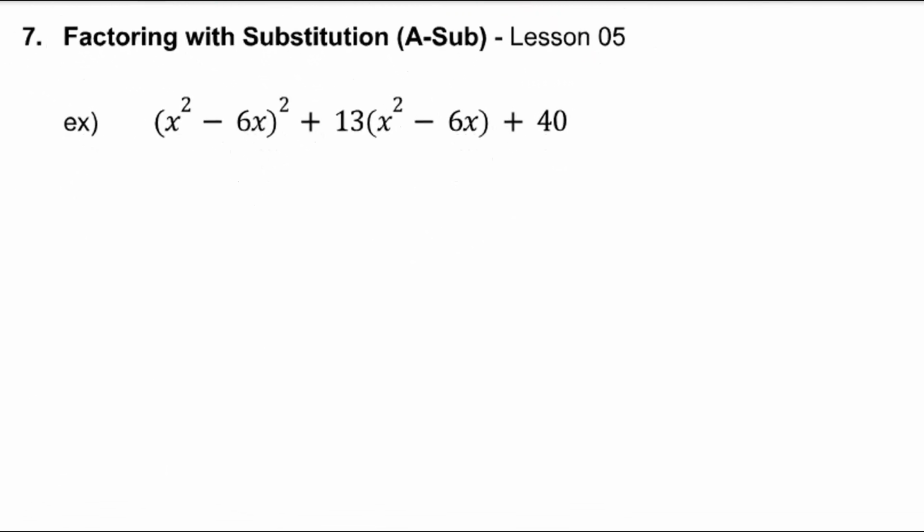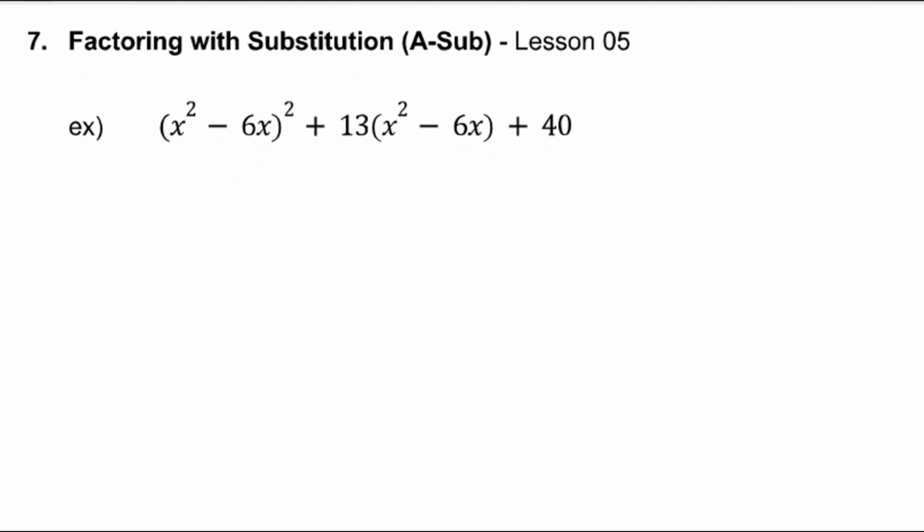The last kind of factoring is if I need to do it via substitution, in that I notice that there's this x squared minus 6x in two, but not all three of the parts of this expression here. So I'm going to make a substitution. I'm going to say let a equal x squared minus 6x.